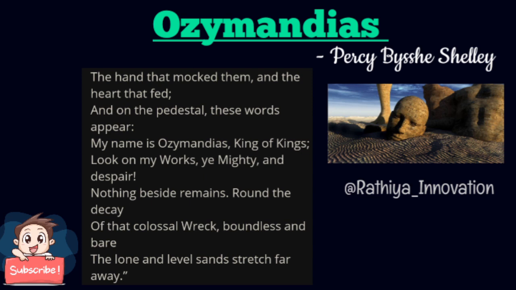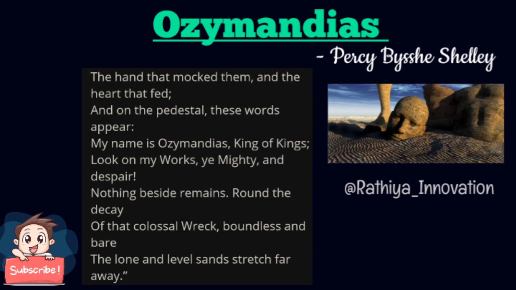Here the words colossal wreck refer to the statue, and the author says that throughout the boundaries nothing is there, only the statue remains standing on the sand. Also he clearly notes that it is in a decaying manner and in a bare condition.